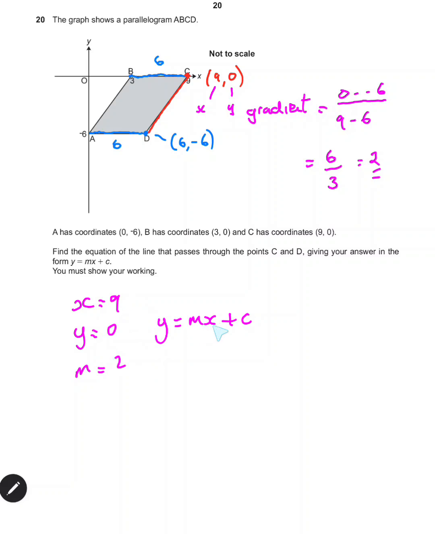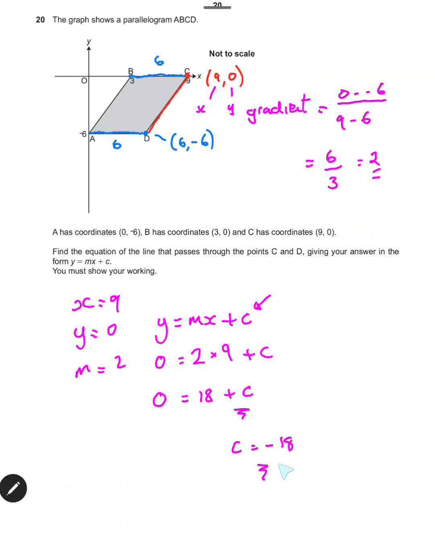So I'm going to put all of this into that equation, and c is the thing that we don't know. y is 0, so 0 equals m is 2, x is 9, and this becomes 2 times 9. mx is a multiplication, plus c. 0 equals 2 9s are 18, plus c. 18 add something makes 0. The only way that works is if c is minus 18. 18 add minus 18 is 0.